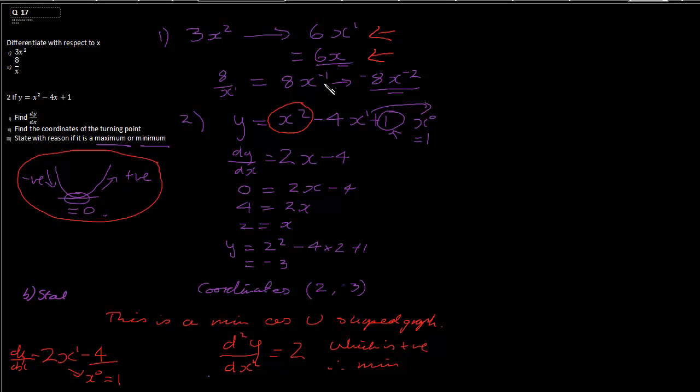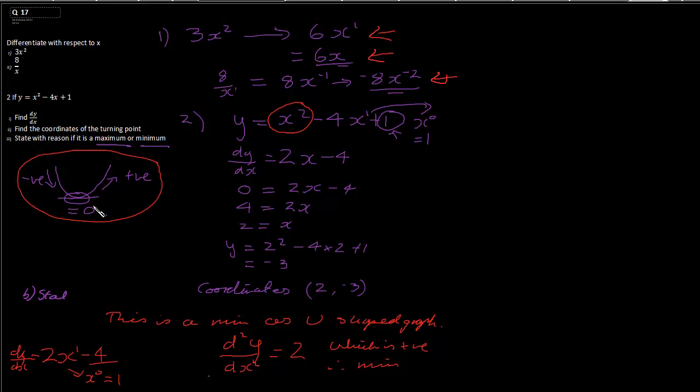And then you can use the same rule for differentiating here of times by the power and take 1 off the power. On each stage, we just follow the rule, times by the power, take 1 off the power for each section of the differential. So we did it for the x squared to get 2x, we did it for 4x to the 1 to get minus 4, and the number we realized just disappears.